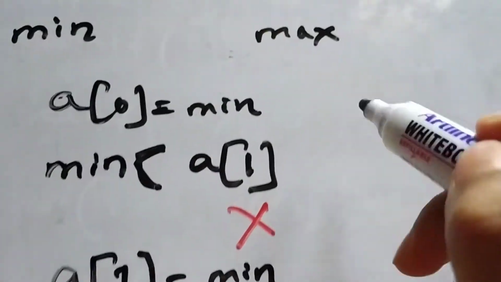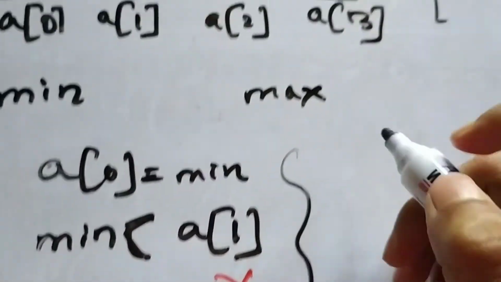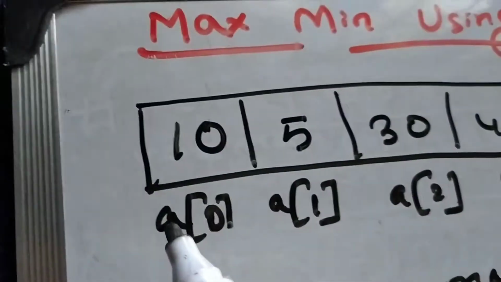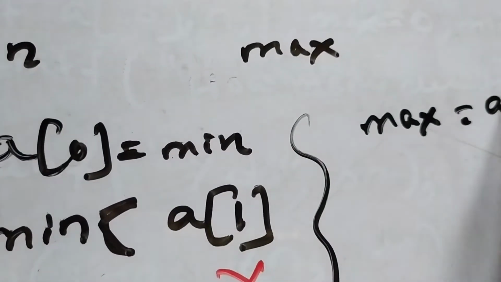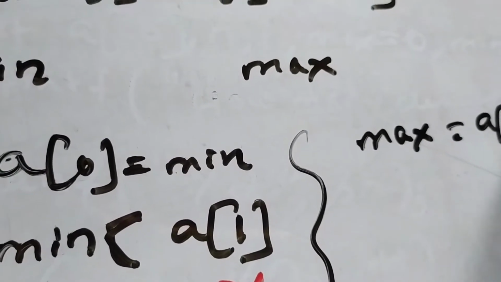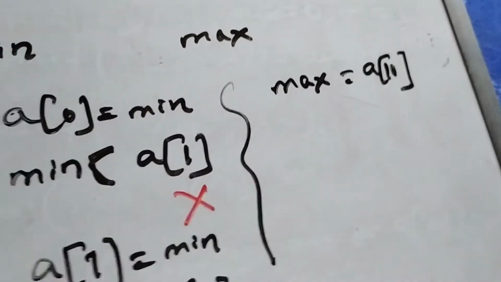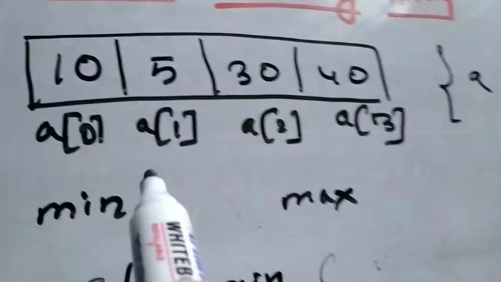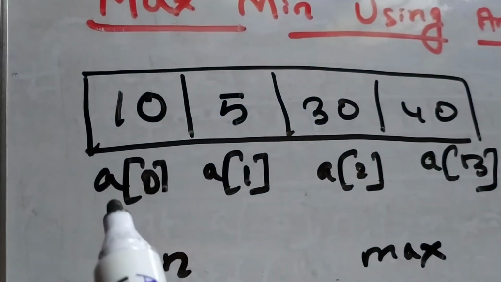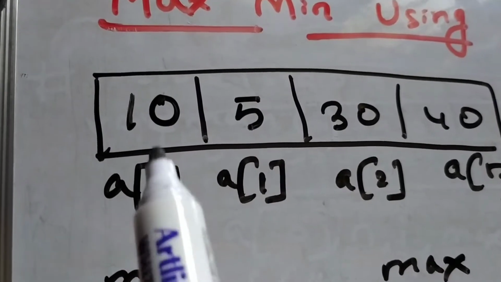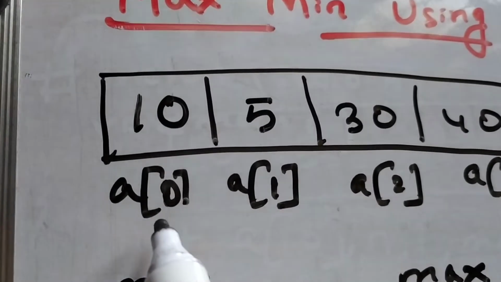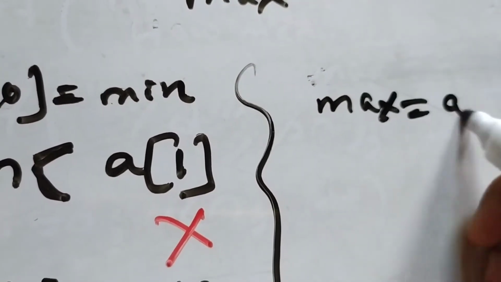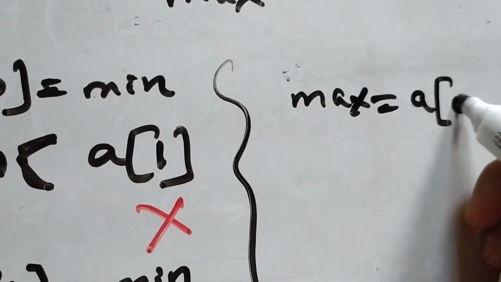Now similarly, in the same process we will get the maximum value. Now I have assigned max equal to the first value, a0. The maximum value is 10, and 10 is a0, so max equal to a0.